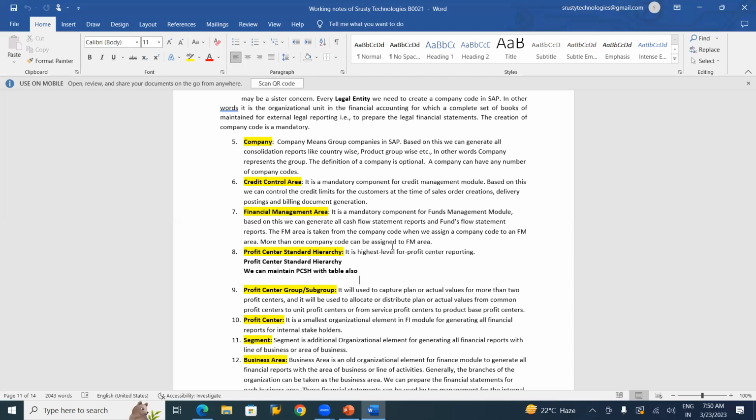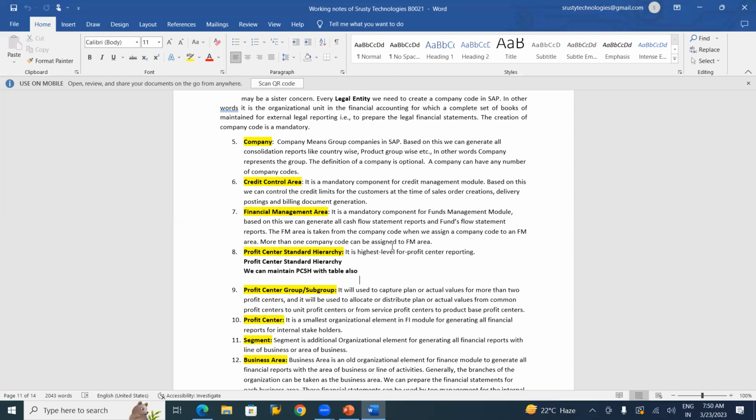can be created through navigation, or we can maintain profit center standard hierarchy with a table also.